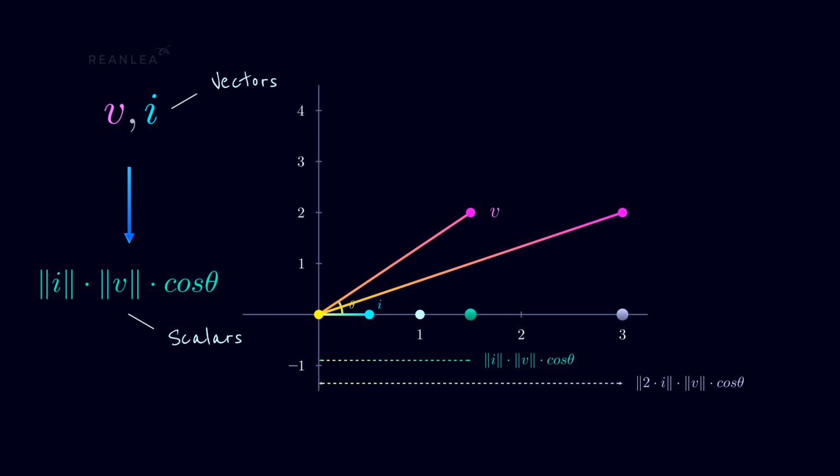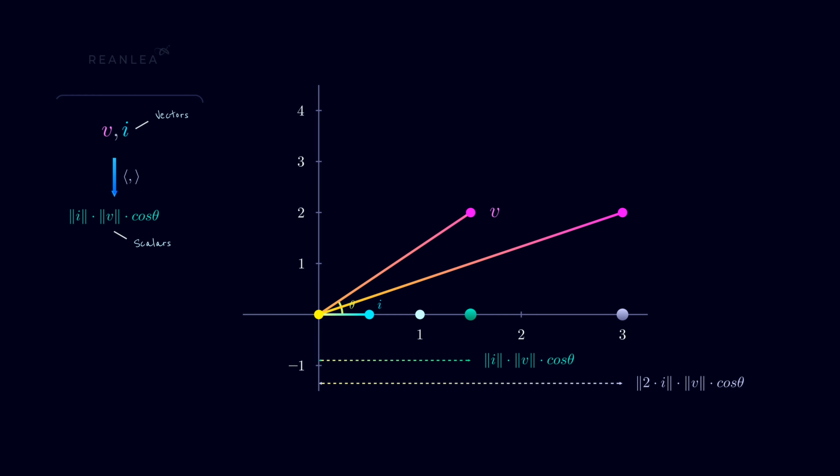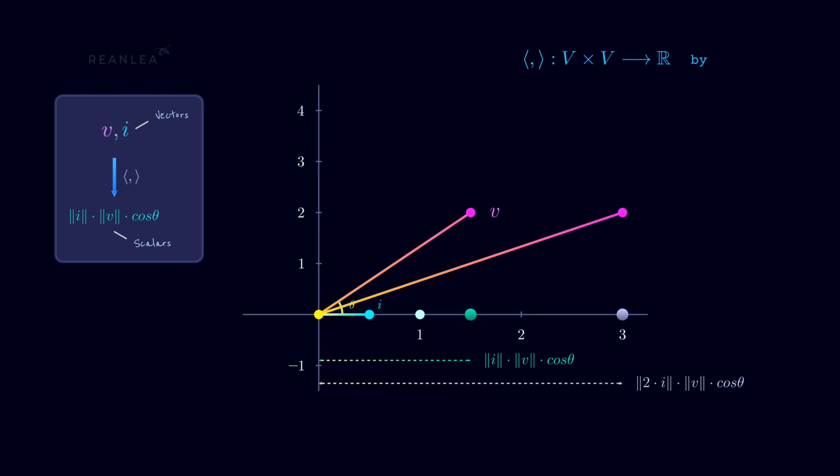We can represent it by these angle brackets or chevrons, which is basically a function from V cross V to the set of all real numbers, the scalar field R, and is defined by: the inner product of U and V is norm U times norm V cos theta, where theta is the angle between U and V.